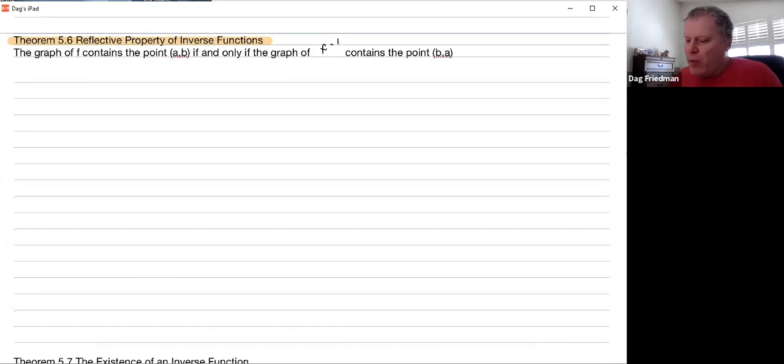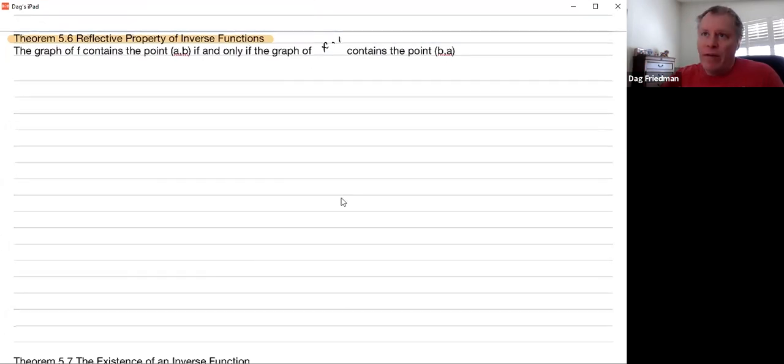So this is a really important point. Basically here's our goal today. Our goal is that you are going to be given a function f, and you are going to be asked to take the derivative of the inverse function.